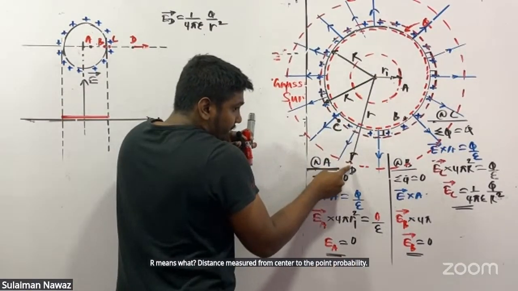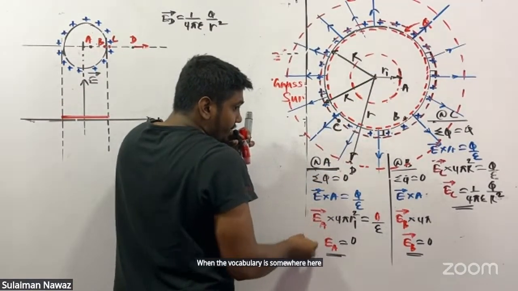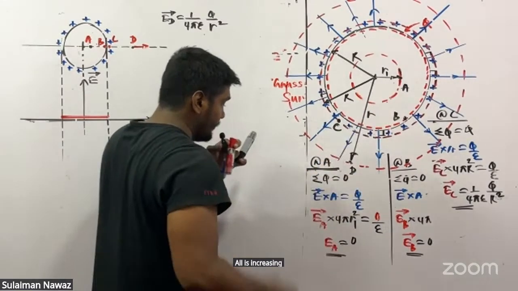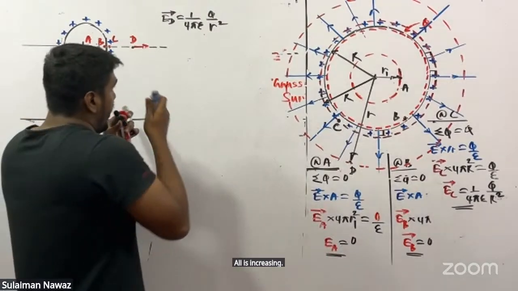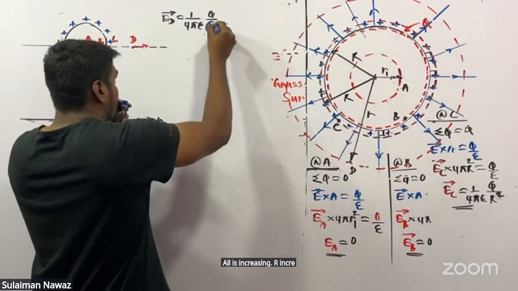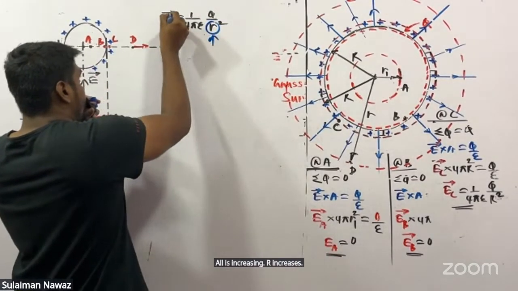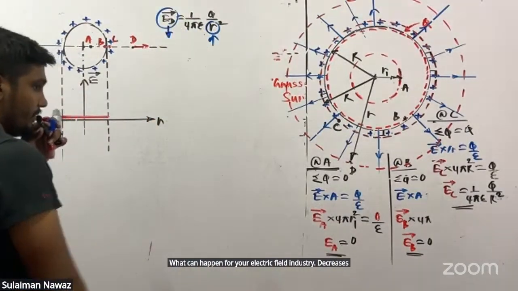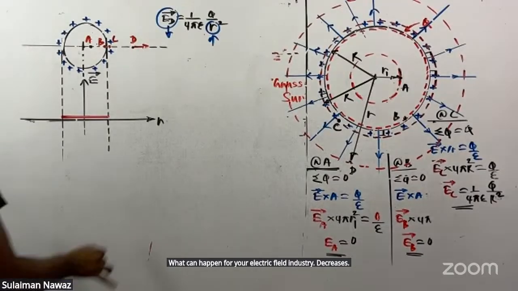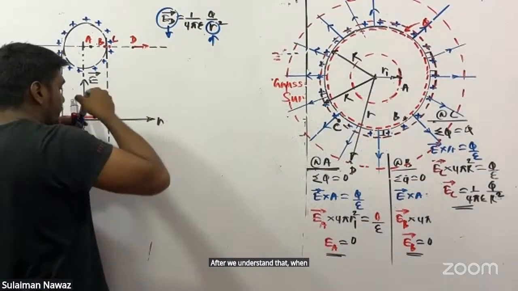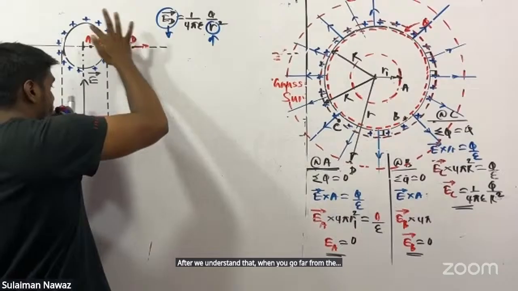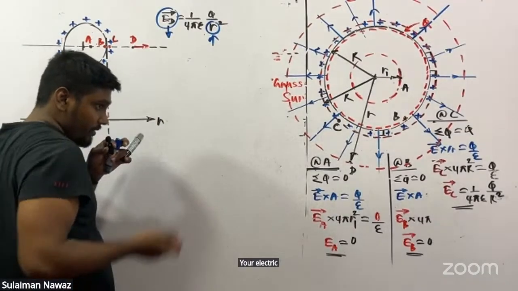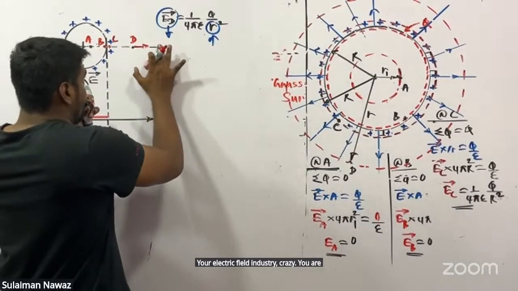When the point is somewhere here, somewhere here, somewhere here, what will happen to R? R is increasing. What will happen to the electric field intensity? Decreases. Then we understand that when you go far from the hollow conductive sphere, your electric field intensity is decreasing.